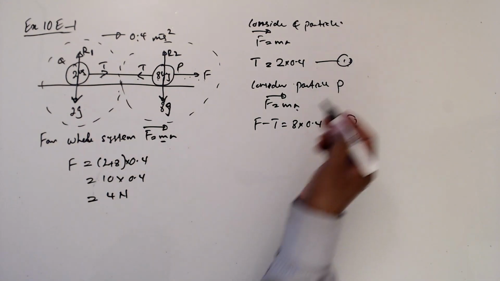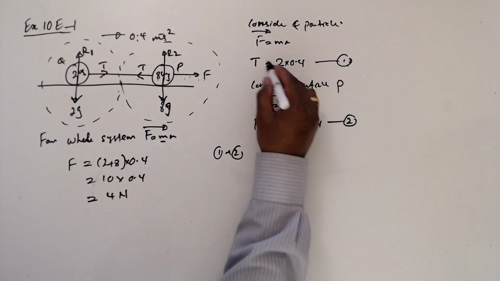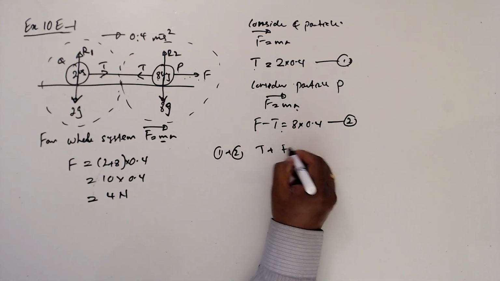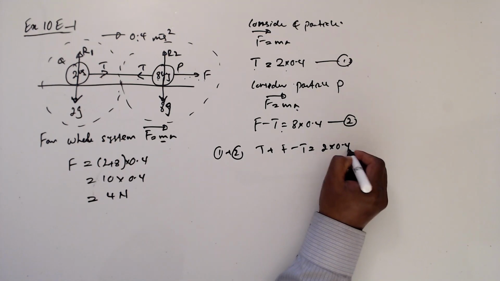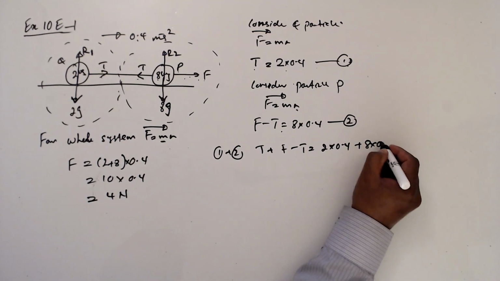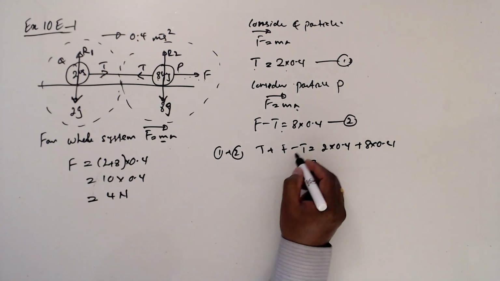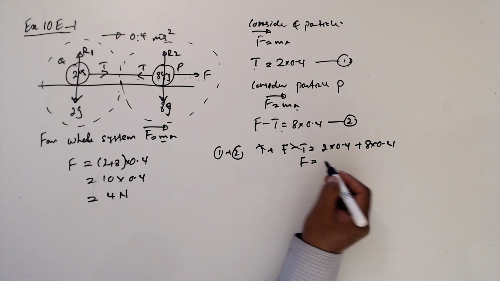Now you can see when you add 1 and 2, this T cancels out. T plus F minus T equals 2 times 0.4 plus 8 times 0.4. So minus T and plus T cancel out. So F is remaining.